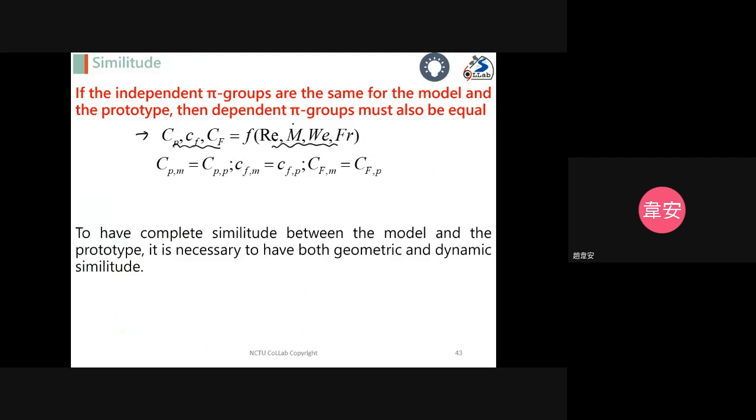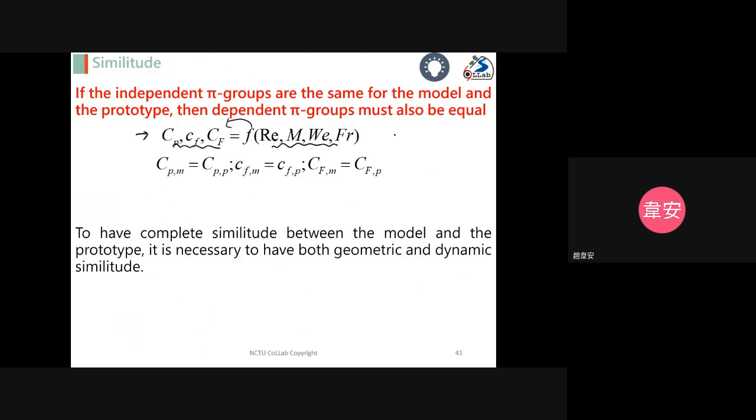There are the independent pi groups, and there are the dependent pi groups. If we keep the same independent pi groups for the model and the prototype, then we can say that the dependent pi groups are also equal.